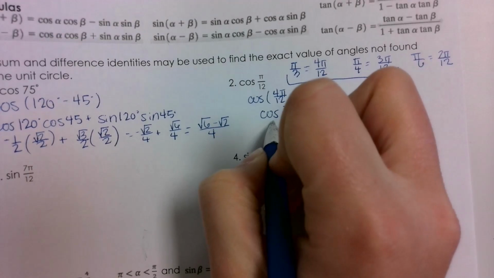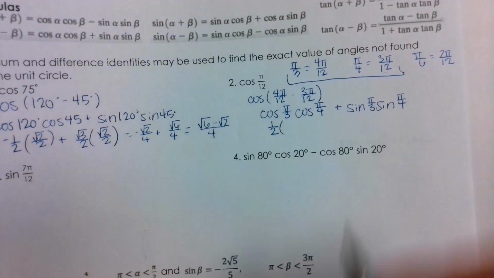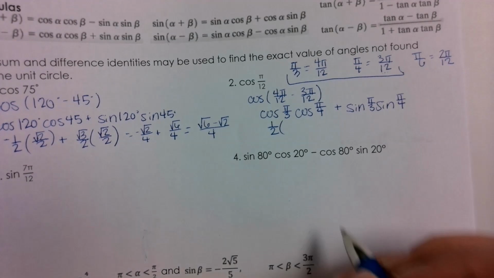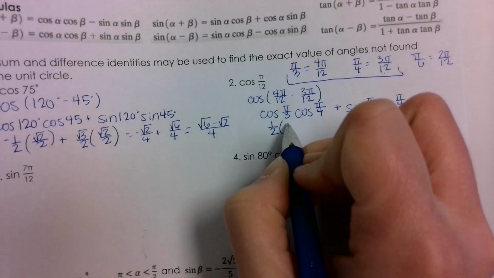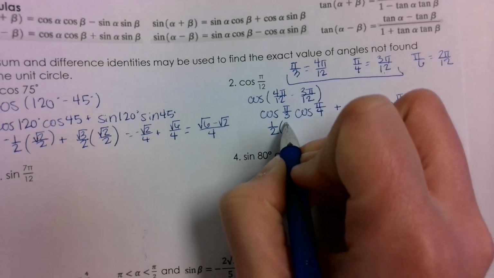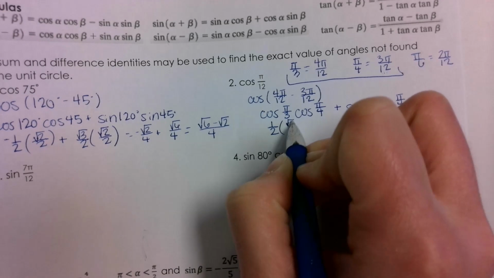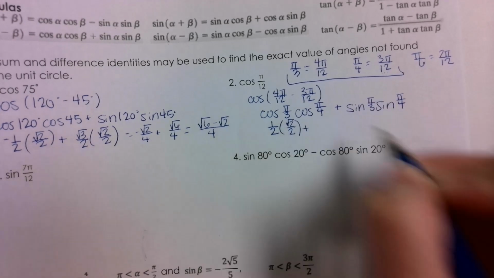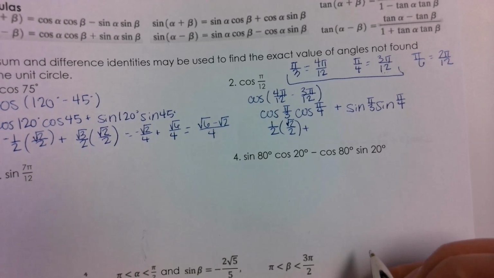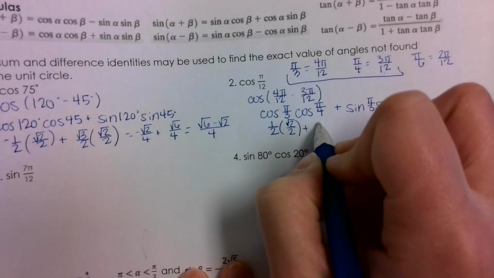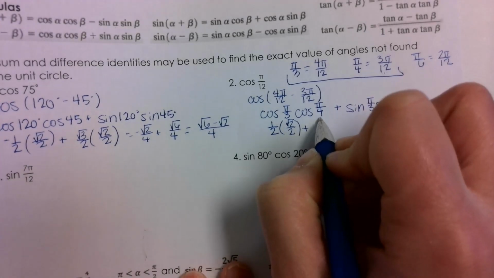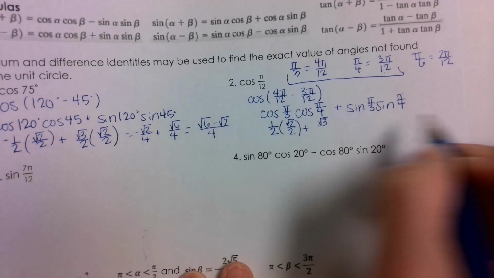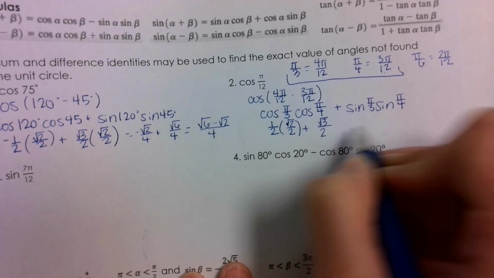And cosine of pi over 4 is root 2 over 2. And then sine of pi over 3 is root 3 over 2, and sine of pi over 4 is root 2 over 2.